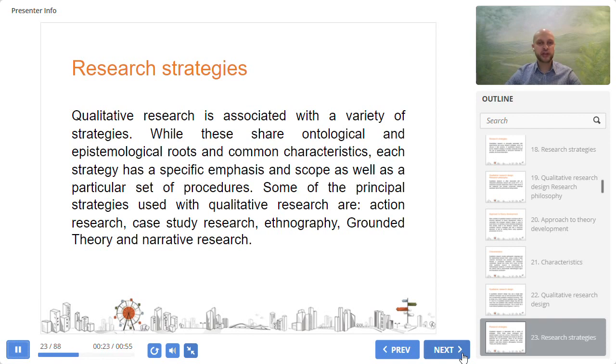Some of the principal strategies used with qualitative research are action research, case study research, ethnography, grounded theory, and narrative research. Some of these strategies can also be used in a quantitative research design, such as a case study strategy, or used in a mixed method research design, as we now discuss. Techniques associated with the use of particular methods are considered in later lectures.